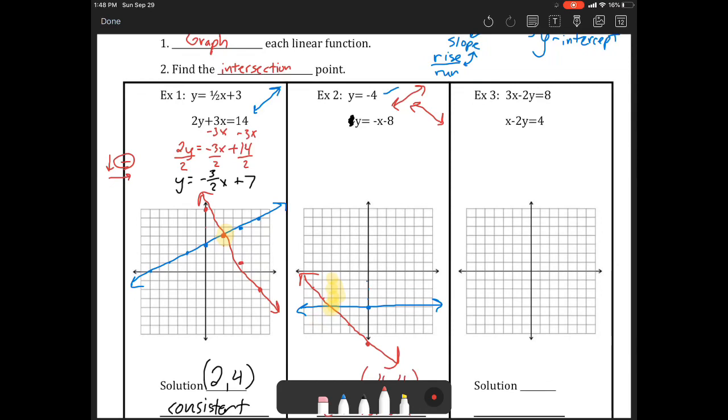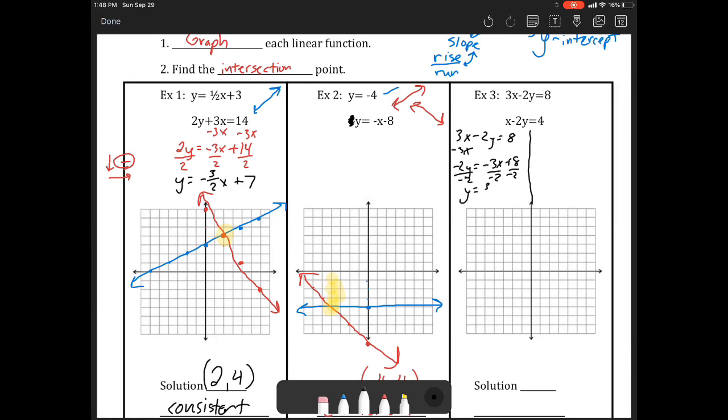Okay, so now I've got my next one. Both of these are not in the correct form, so I'm going to have to move some stuff around. So I'm going to split my line here, and I'm going to do my first one. 3x minus 2y equals 8. So I'm going to move my 3x, so I get -2y equals -3x plus 8, divided by -2.